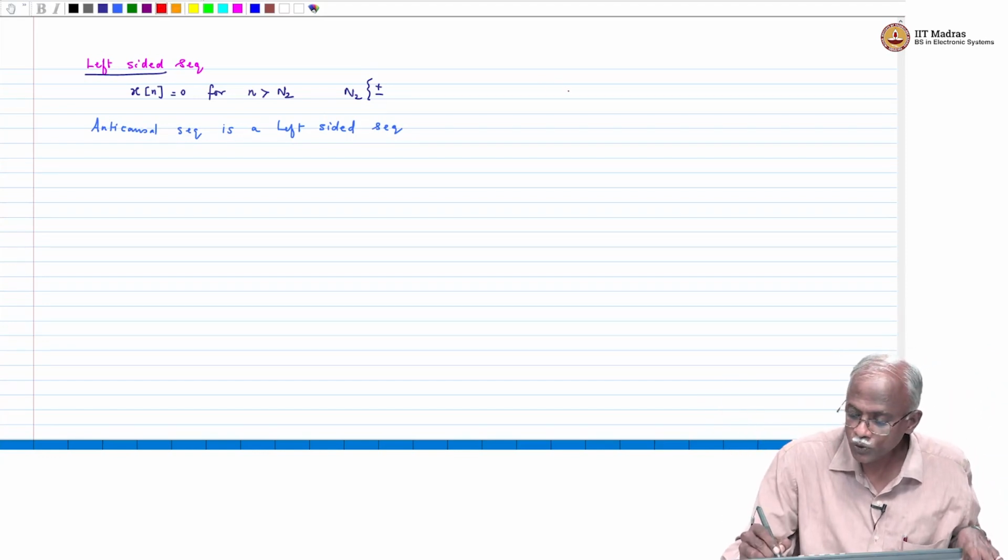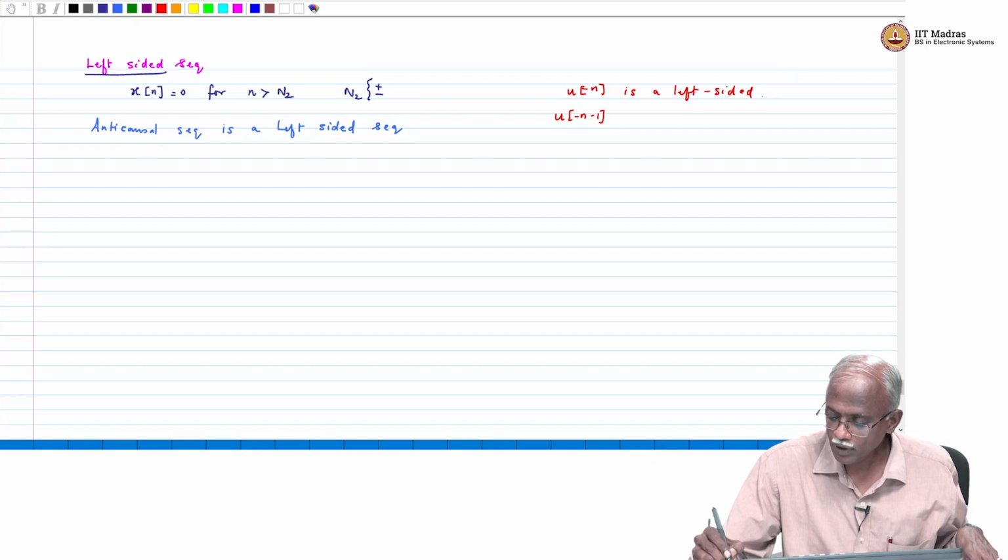Now, is u of minus n a left-sided sequence? u of minus n is a left-sided sequence, but not anti-causal.